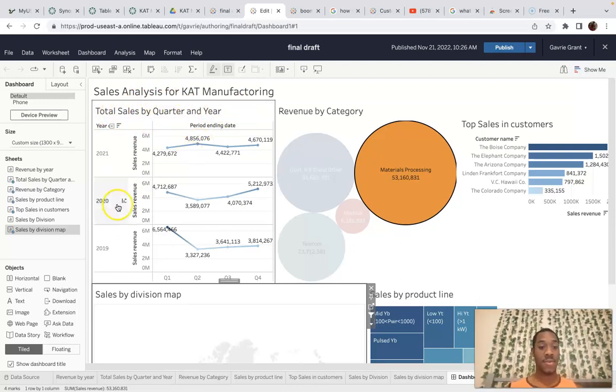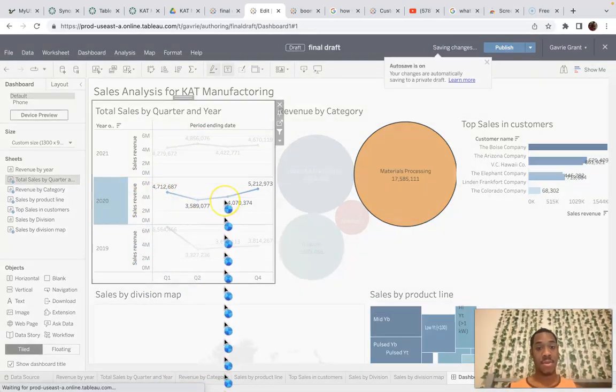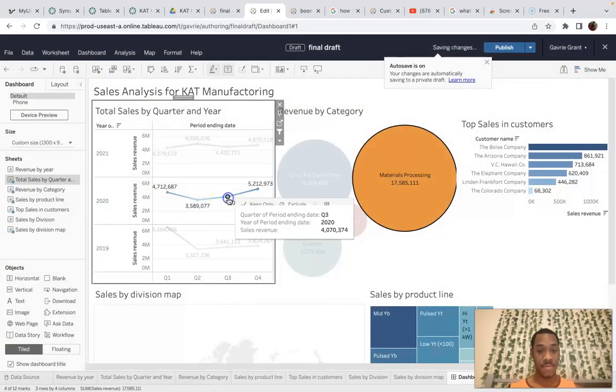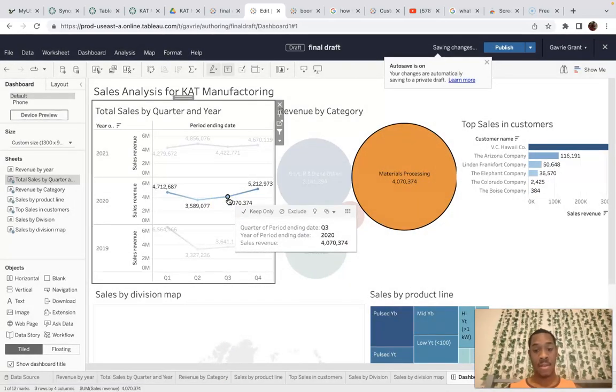We go to 2020 and we look at the sales for the third quarter. That will be 4,070,374. That is how much sales were at the end of 2020.